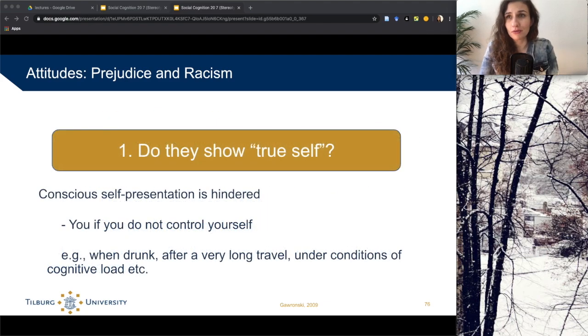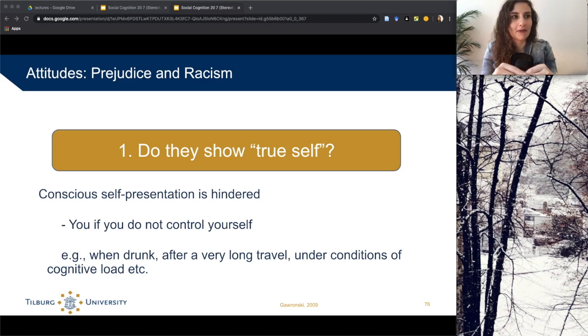So if we wanted to summarize some criticism about measures of implicit attitudes, we could ask two questions. First, we could ask whether they actually show us the participant's true self. What they show us is the response that someone has when their conscious self-presentation is hindered. So what you do when you're not entirely in control, when you're not paying attention to what you're doing.